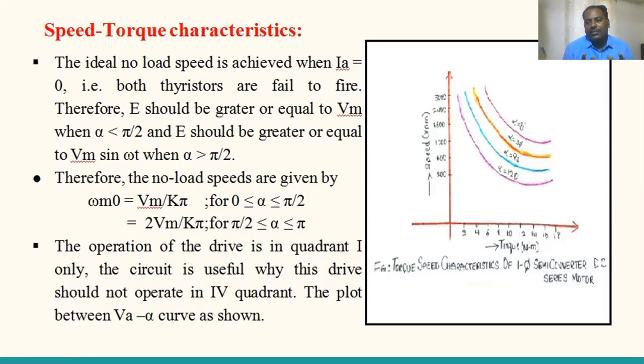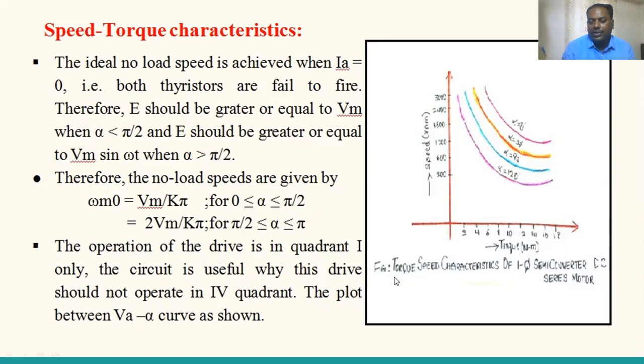Why? Because the nature of the characteristics is completely different from the separately excited motor, where those are constant parallel straight lines. But here the characteristics are hyperbolic in nature, because torque is directly proportional to the square of the armature current. Because of this, the characteristics appear in this fashion.